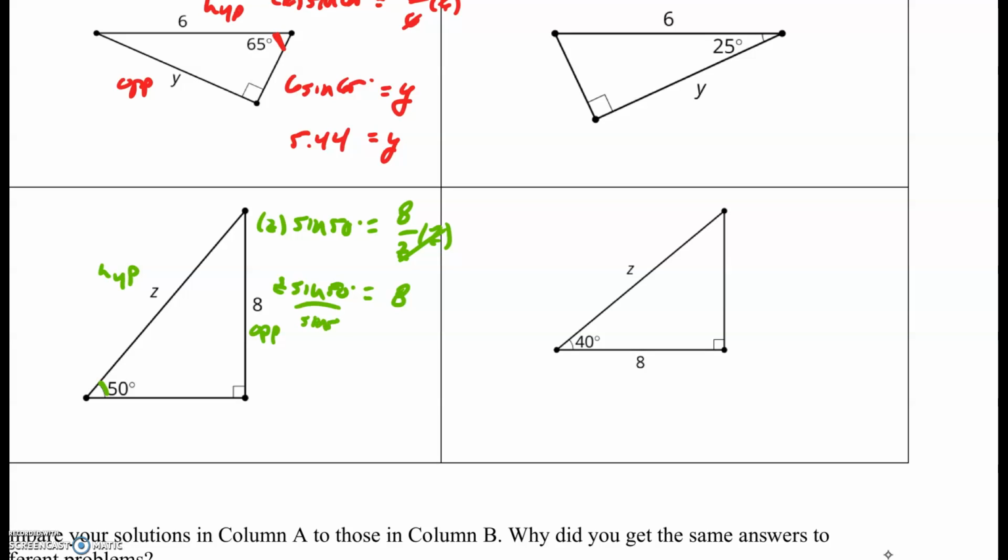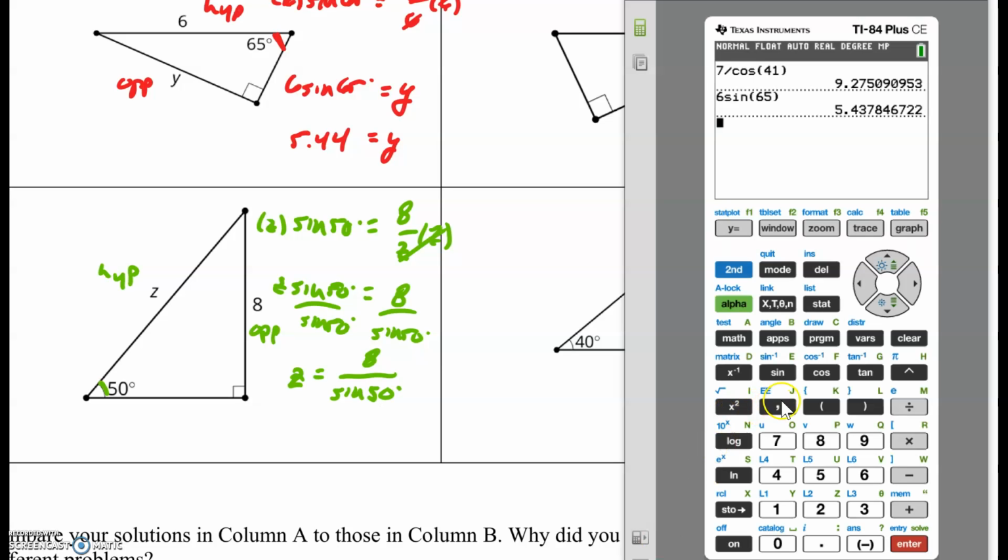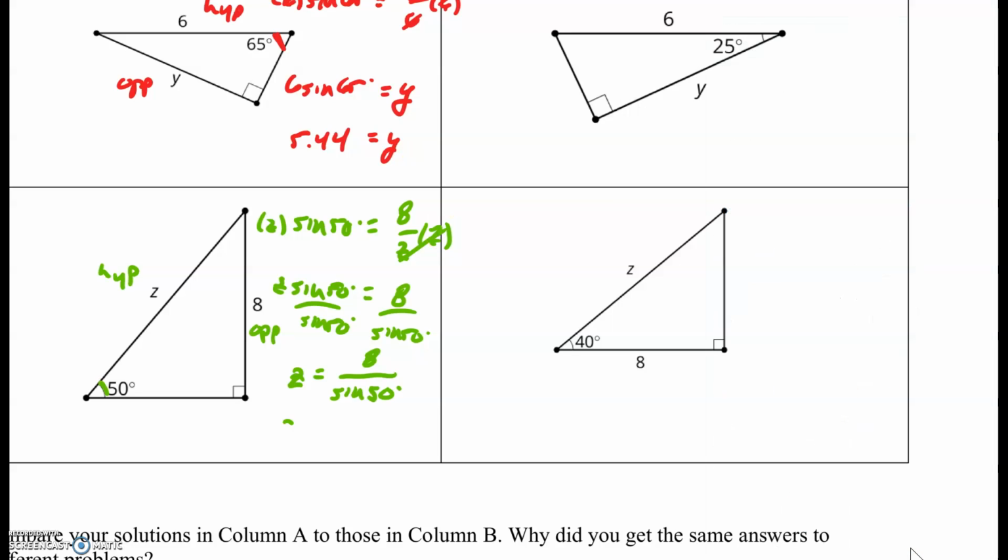Divide both sides by the sine of 50, and I get z is equal to 8 divided by sine 50. To the calculator, 8 divided by sine 50, 10.44. Perfect.